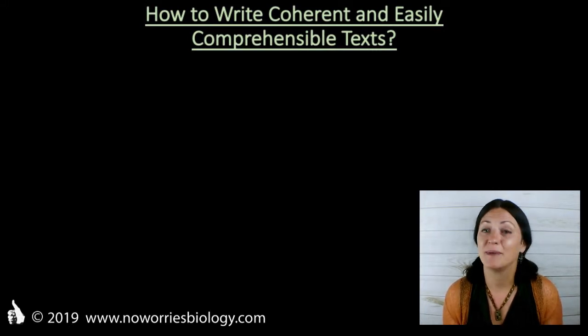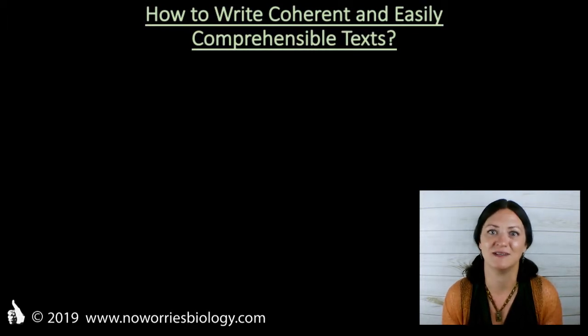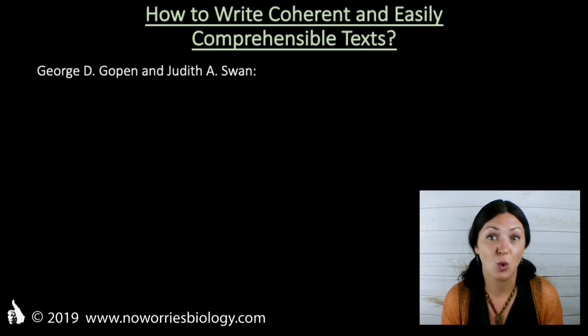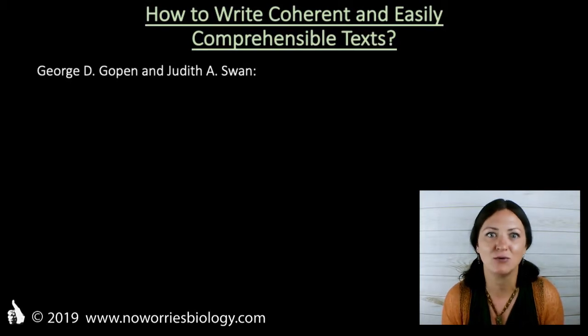And of course, my students and I are not the only ones who have ever been in such a situation. In 1990, two US linguists, George D. Gopen and Judith A. Swan, published an article which to this day continues to enjoy great renown and popularity.